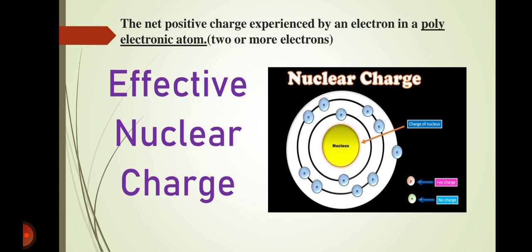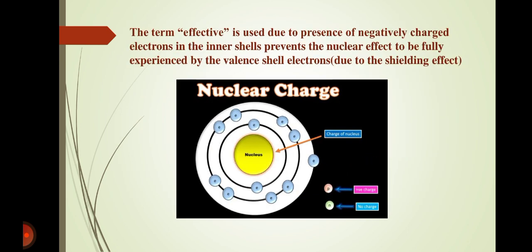What is the meaning of polyelectronic atom? Those atoms which contain two or more electrons are called polyelectronic atom.